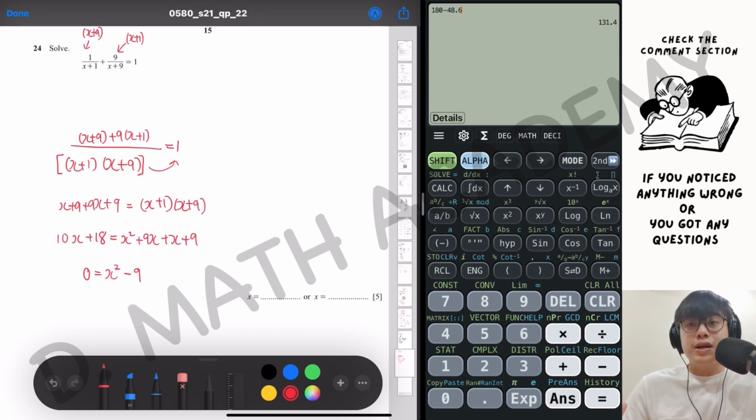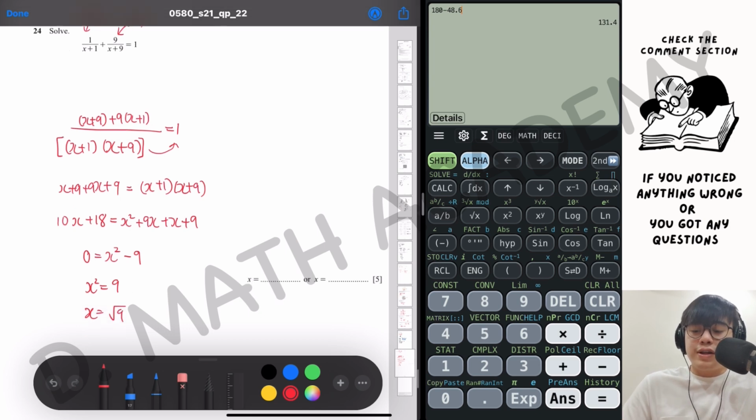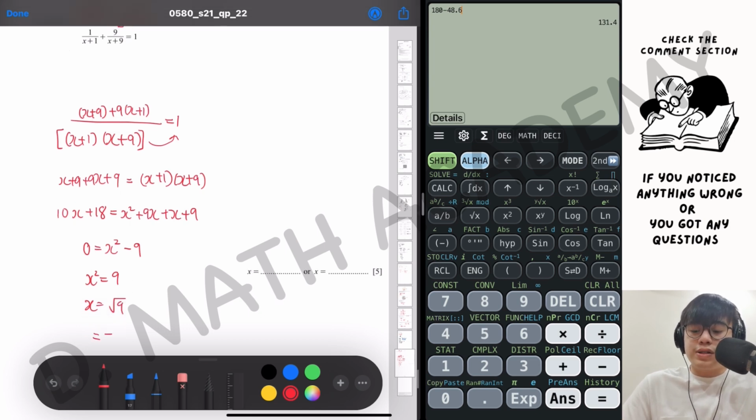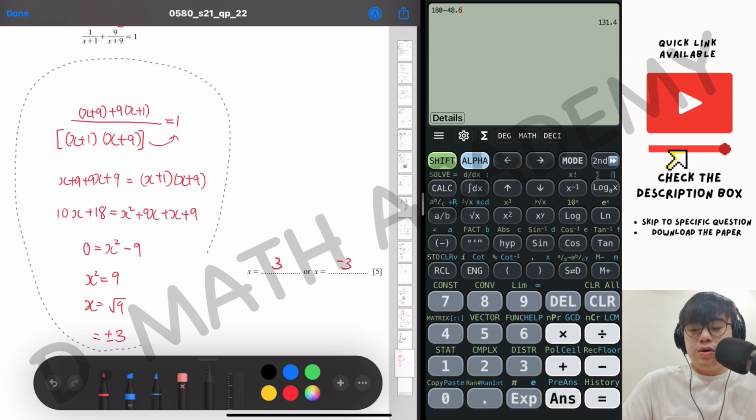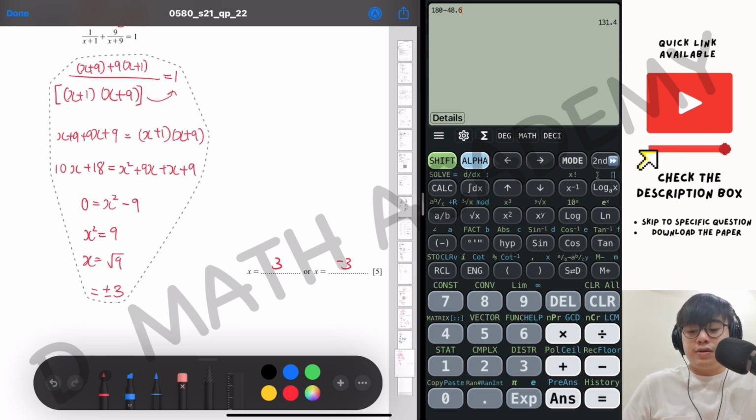So I thought that it was a quadratic, but apparently there's no x there. So just put it accordingly like this, and your x result would actually be square root of 9. So remember, when there's a square root, it will be plus minus the results. So that's why the last answers here will be 3 and negative 3 respectively. So this is how you secure your 5 marks here.